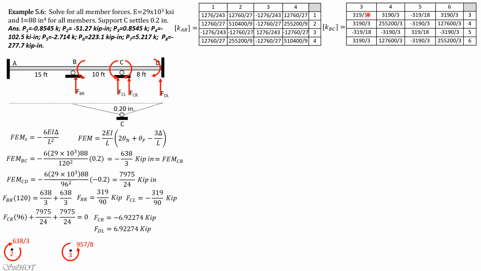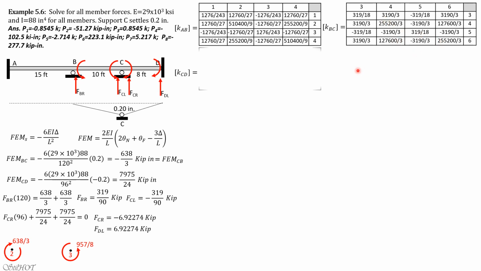Then the negative of this first, then copy the second, that one. 4EI divided by 120, that's the result. The negative of 3190 over 3, then half of 255200 over 3 is this. Then the negative of the first row, second row with columns 2 and 4 values interchanged.